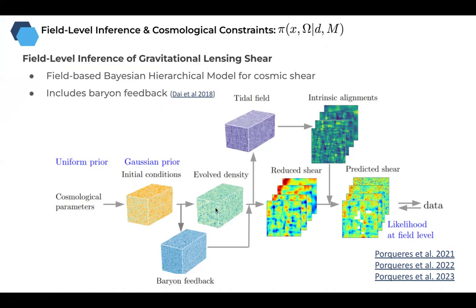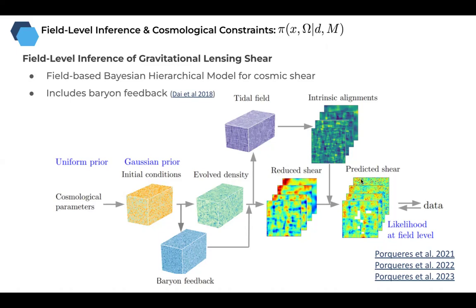She then evolves these large-scale structures forwards, even introduces a baryonic feedback signal, then creates a tidal field in this pipeline and predicts observables for intrinsic alignment and reduced shear.